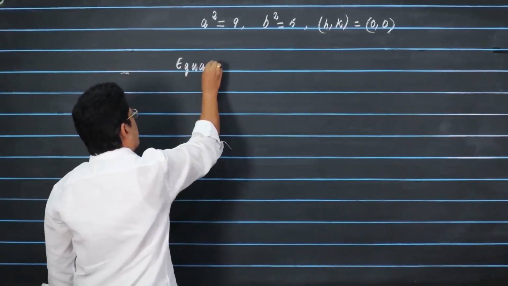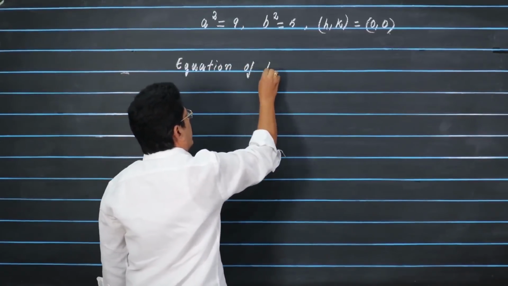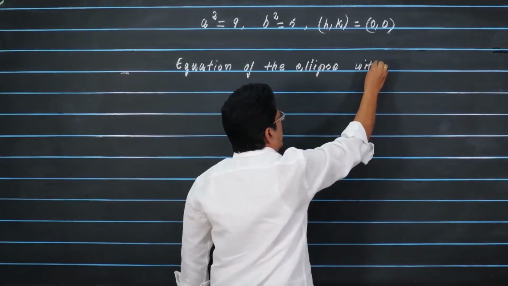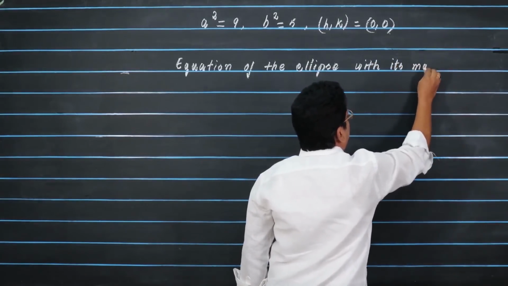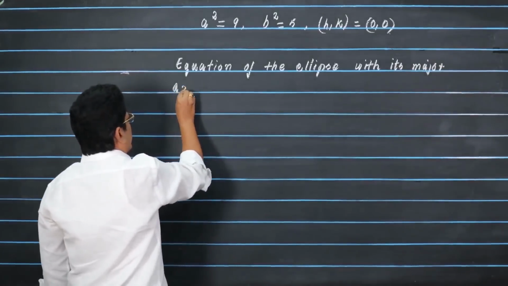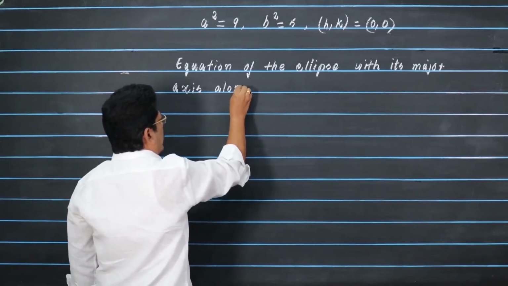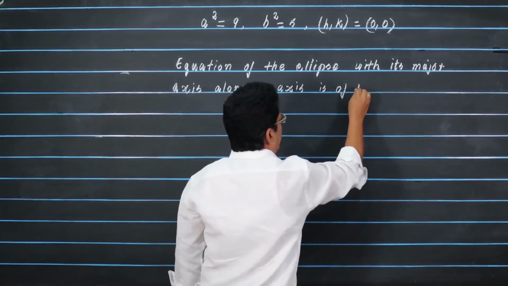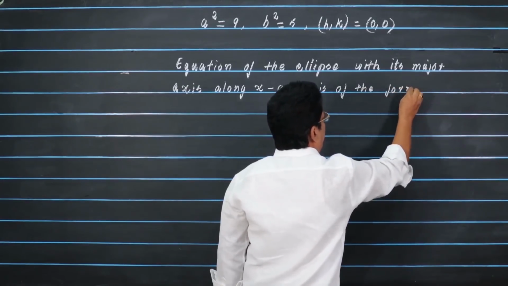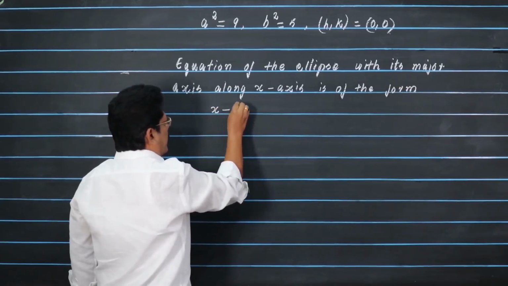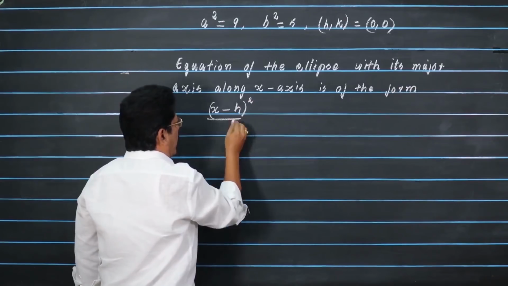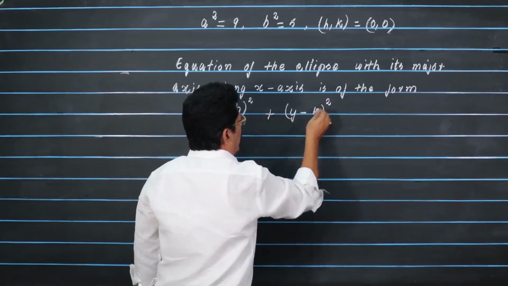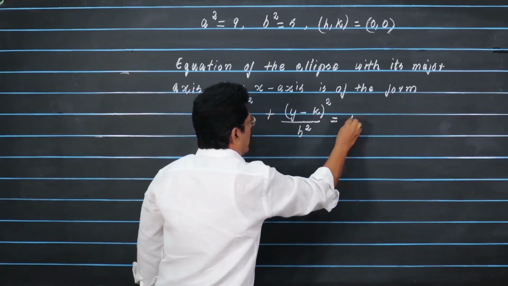Equation of the ellipse with its major axis along x-axis is of the form (x minus h) the whole squared by a squared plus (y minus k) the whole squared by b squared is equal to 1.